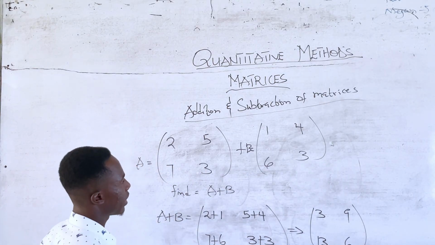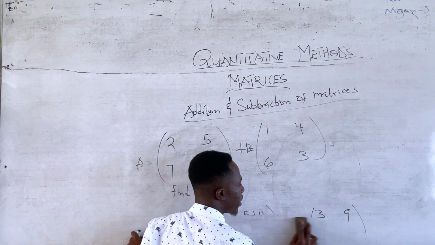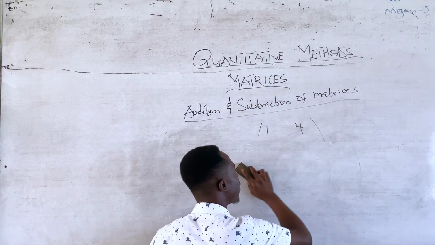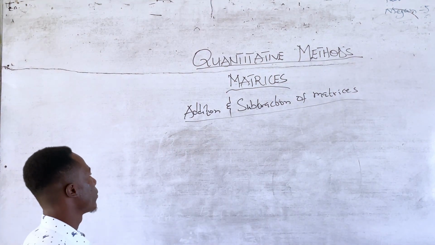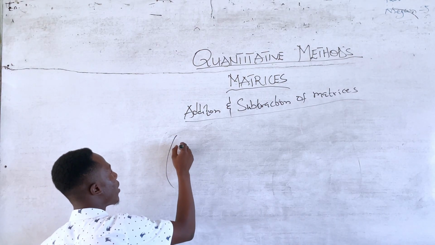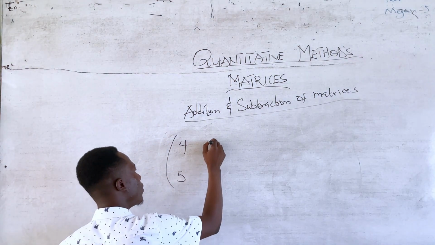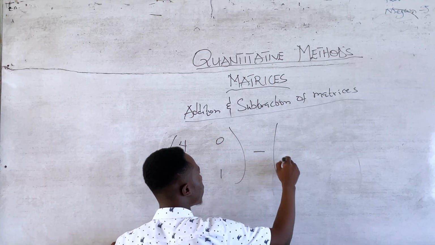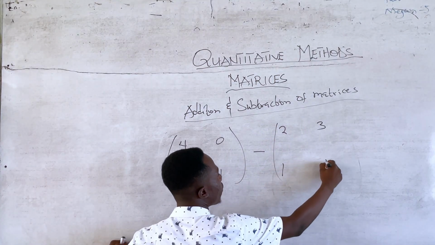Let's solve one question under subtraction. Then we move on to the next one. But don't forget, I'll give you a question to try, and you provide me with the answers at the comment section. So you have this matrix: 4 here, 5 here, 0 here, 1 here, minus 2 here, 3 here, 1 here, 1 here.